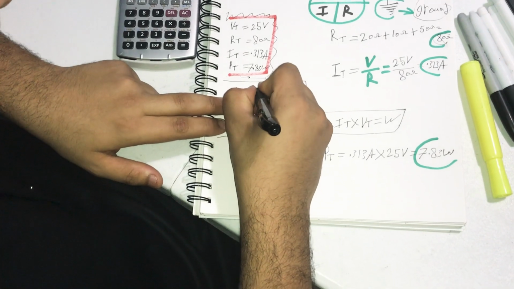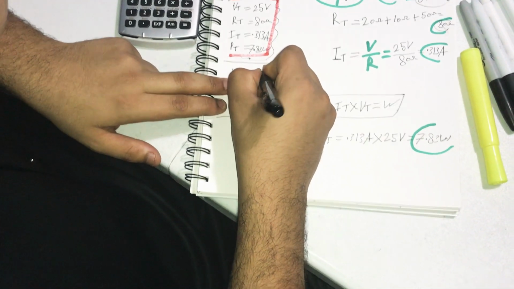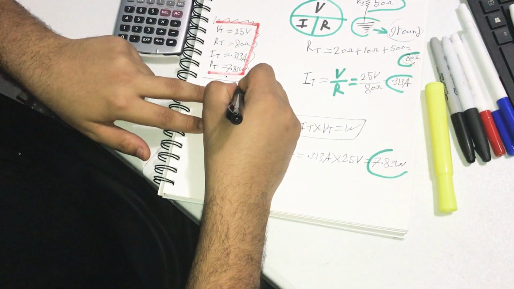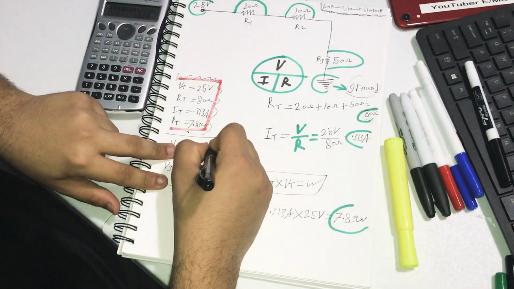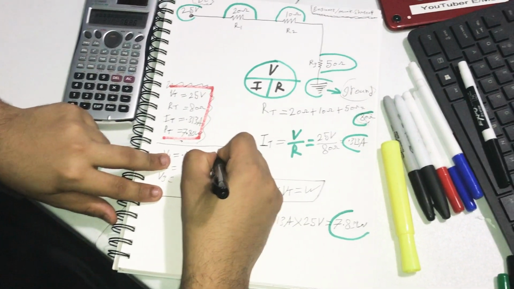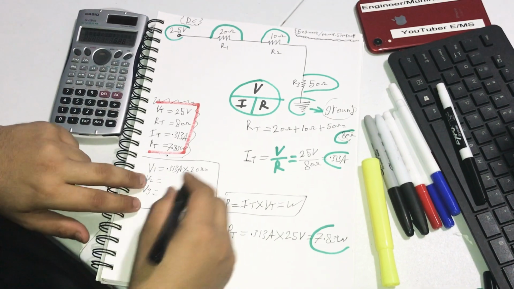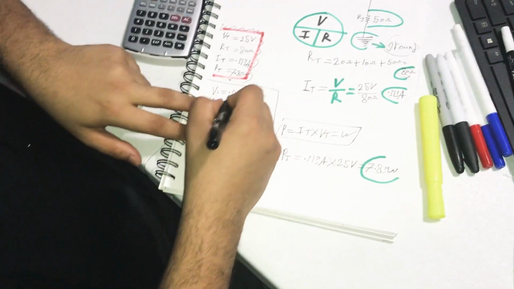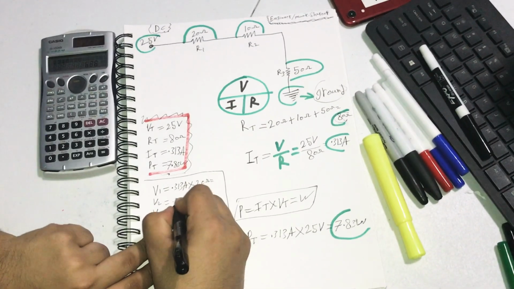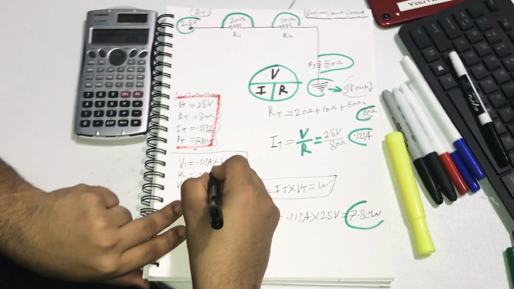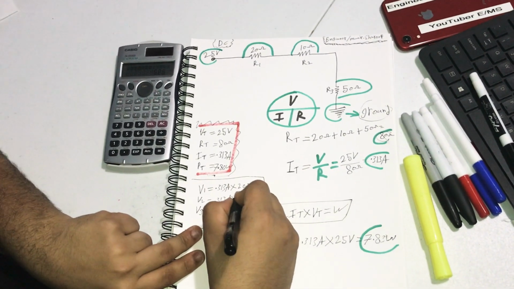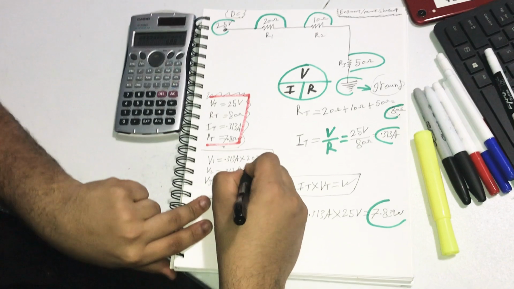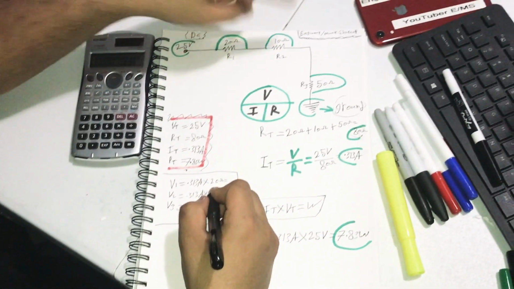You want to put 0.313 amps times 20 ohms equals the volts. Alright, we're gonna put here 0.313 amps times 20. Sorry, it's not 20, it's 10. I keep saying 20.